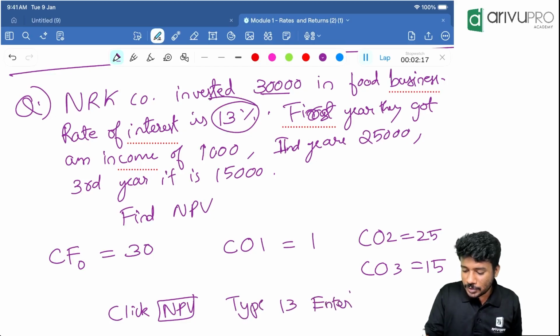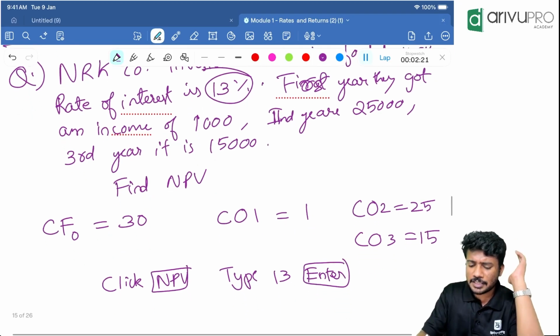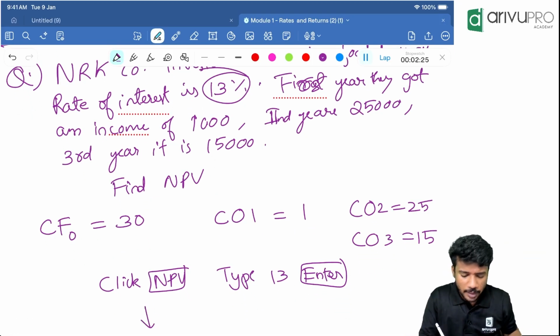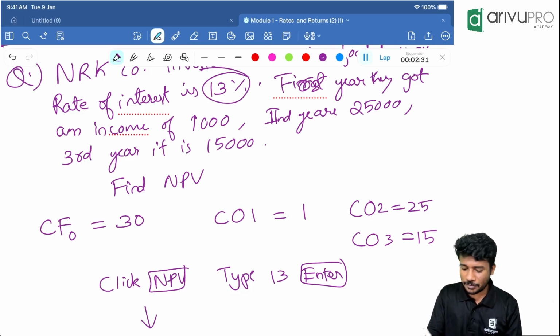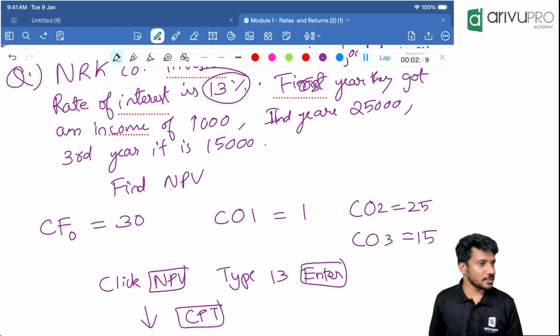Enter. Once you type 13 and click enter, that means 13 is the interest rate saved in our calculator. Now click the down arrow. Have you seen the NPV over there? Once you click the down arrow, NPV is right in front of you. Click compute, the CPT button. You will get the answer. Understood? Got it? Yes, very easy. Got it now? How much did you get?